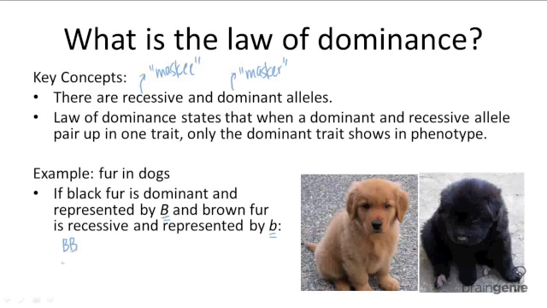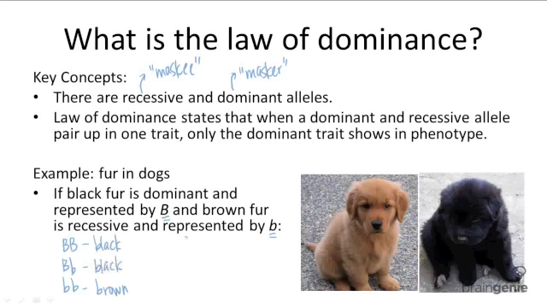You have big B, big B, big B, little b, or little b, little b. So it's obvious that big B, big B and little b, little b would code for black fur and brown fur respectively, because there's no other allele within the genotype, but big B, little b would not be a brown and black speckled dog. No, because we know that black fur is dominant, and because of the law of dominance, big B, little b will code for black fur in the phenotype.